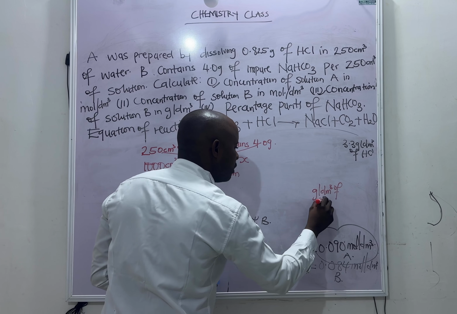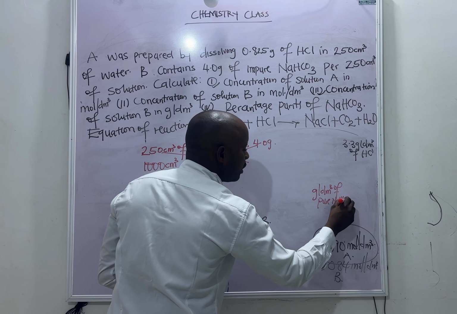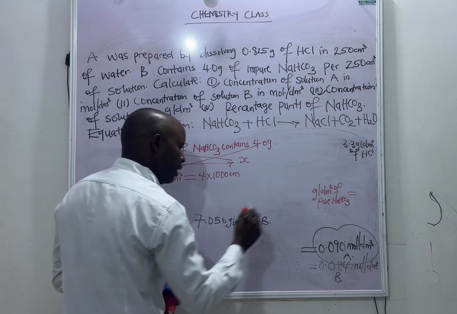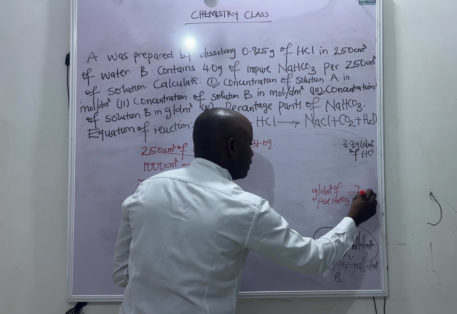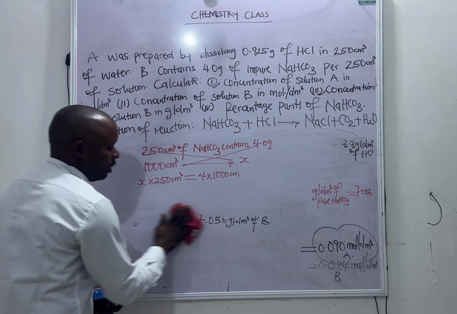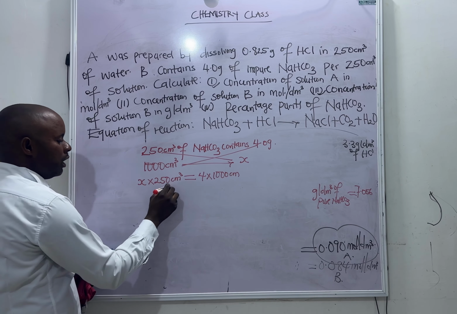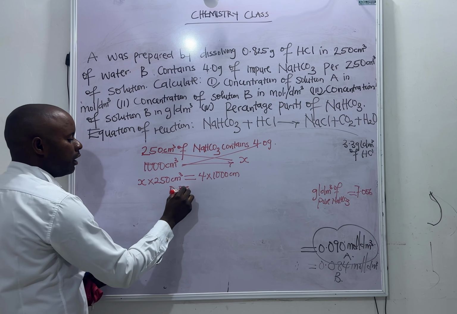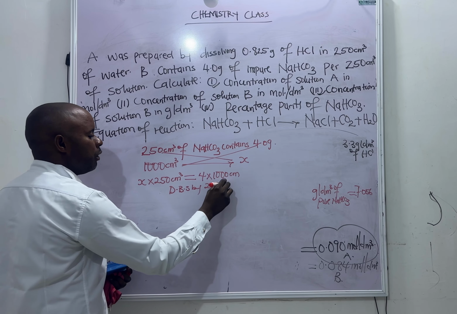For S to be on its own, let's have the mass gram per dm cube of pure sodium hydrogen trioxocarbonate(IV), which is 7.056, so that we can have enough space to solve. In this now, we divide both sides by 250 cm cube.